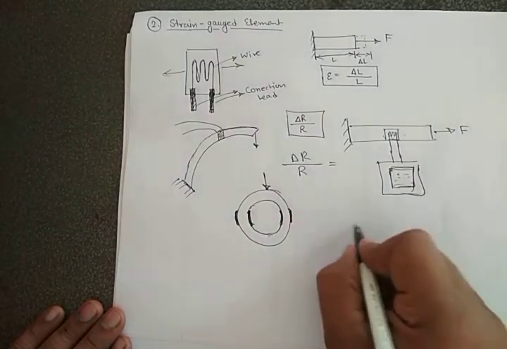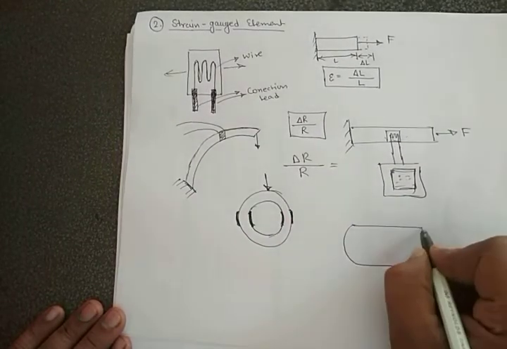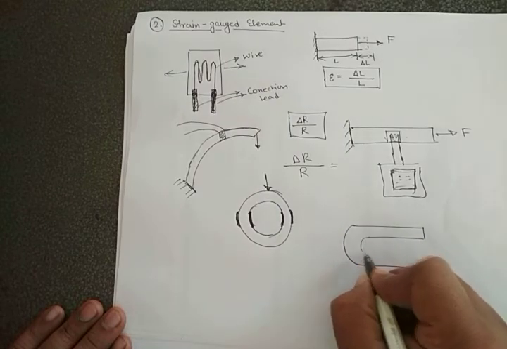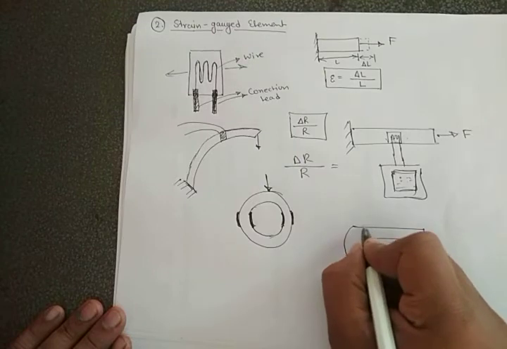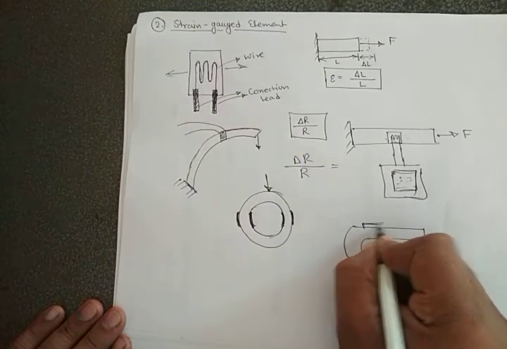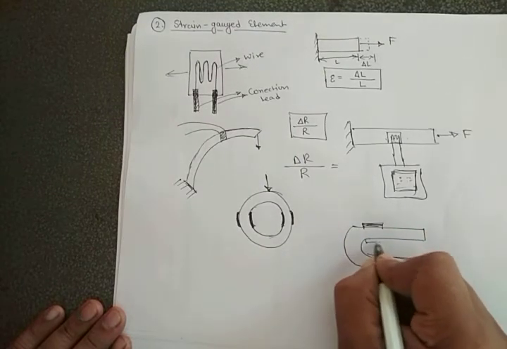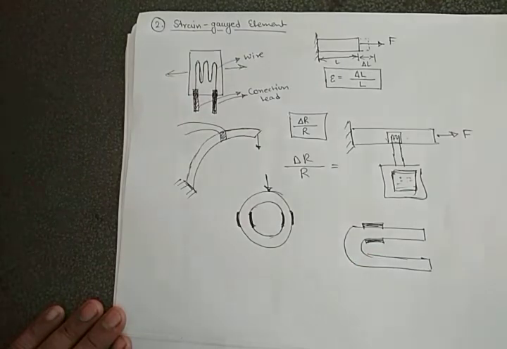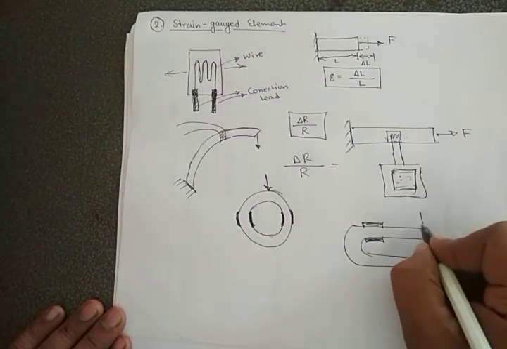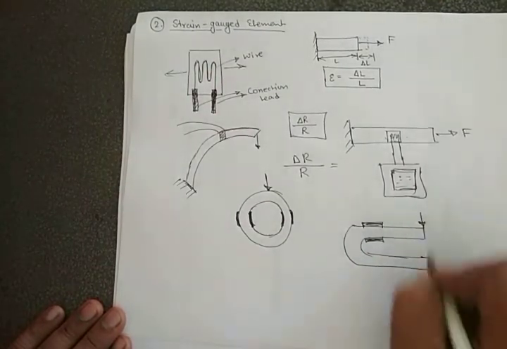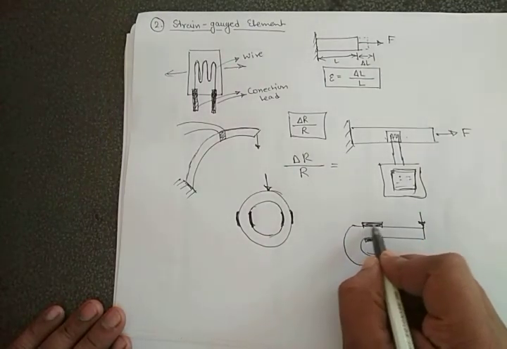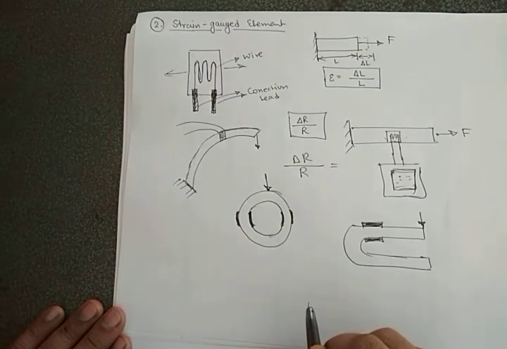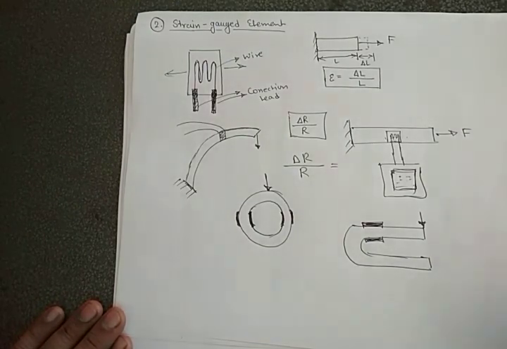If a body is like this, you have to understand where the maximum strain may get created, and there you can put these strain gauges. In such a body, if the load is applied at this point, then you can place your strain gauges here so that you can measure the maximum strain created in that body.